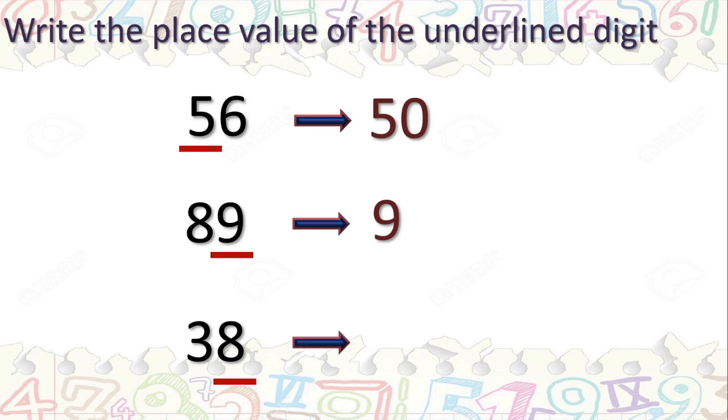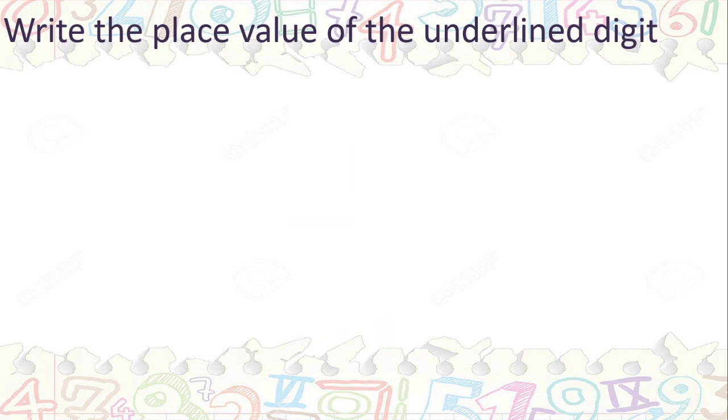And the place value of 8 is 8 because 8 is in units place. Next number 96. Again 6 has the underline. Yes, dear children, the place value of 6 which is in units place is 6.